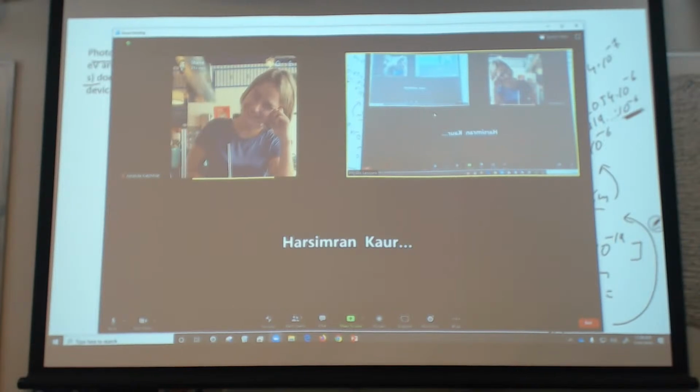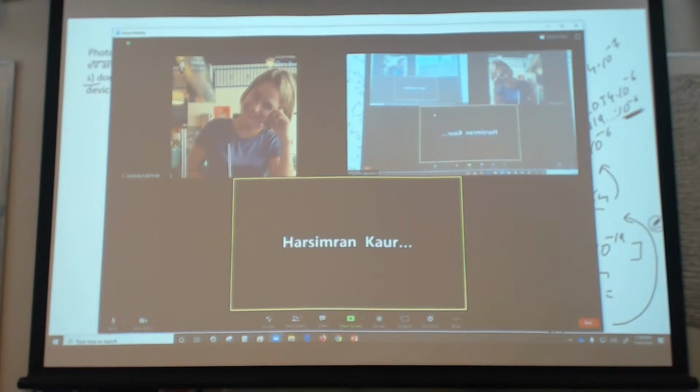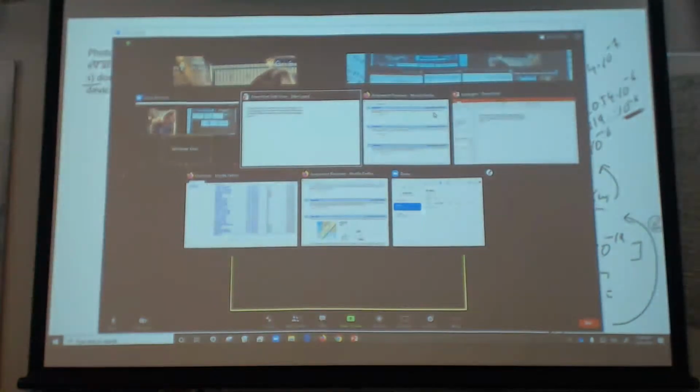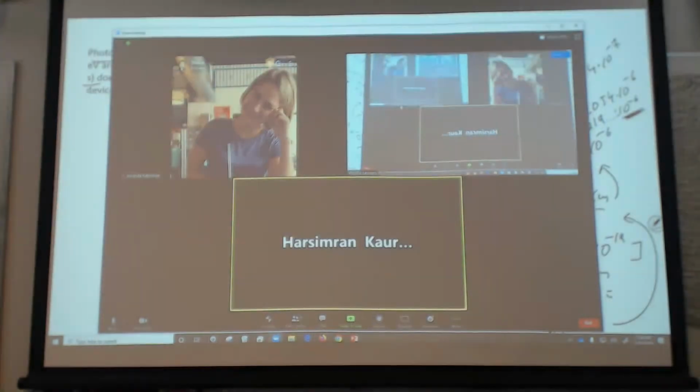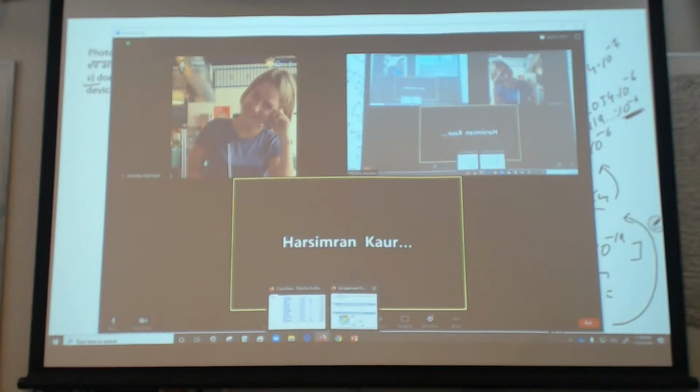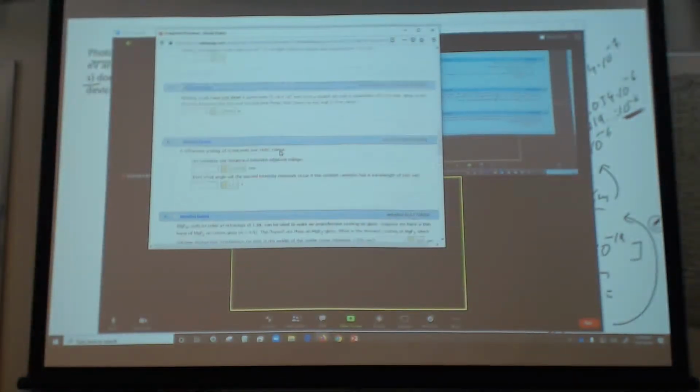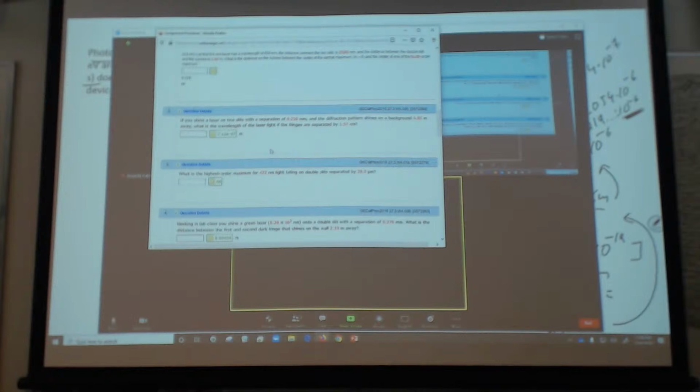Hi, I have a question about homework 2, question number 2. Is this 2 or 3? This is 3. Where is 2? This is 2. You've got 2 slits.